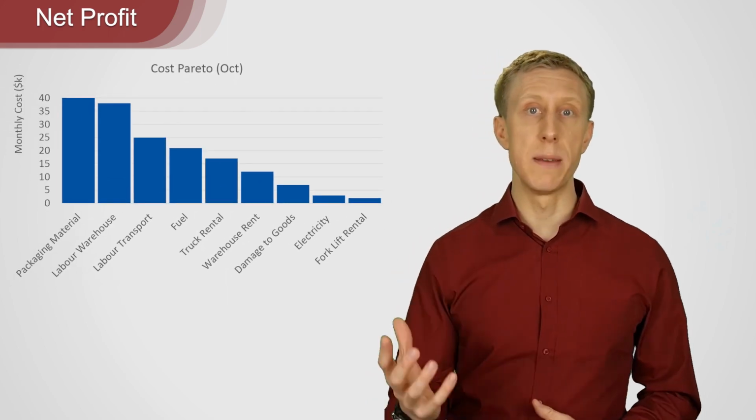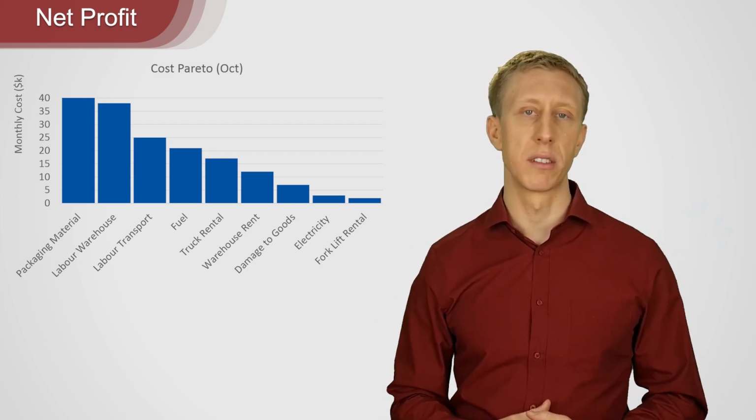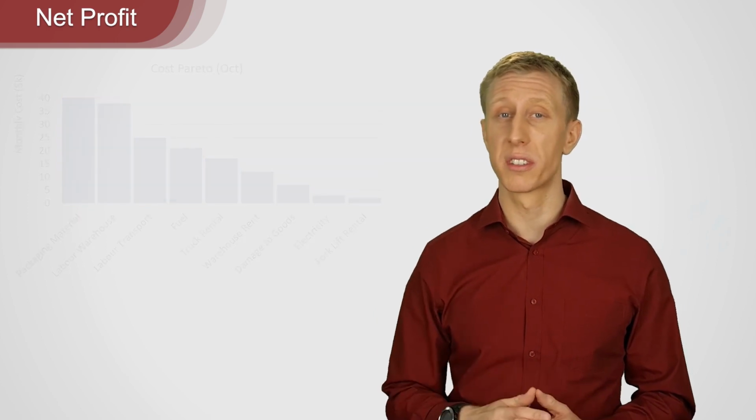Probably it's labour, transportation, fuel, packaging materials, maybe some damaged goods. Having a good overall picture and the ability to identify and focus on priorities is a fundamental of all performance management, not just with costs.